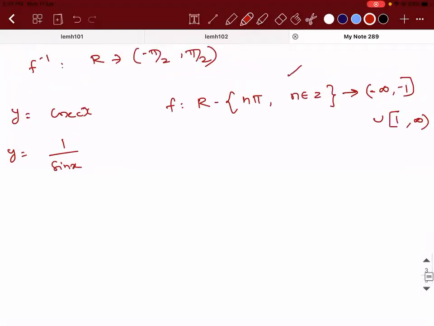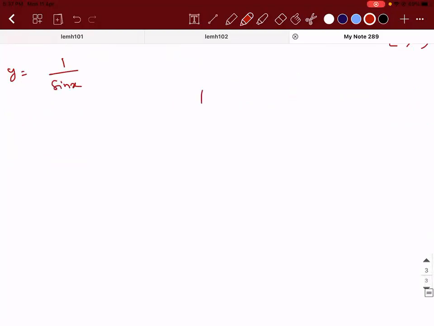So this is the restricted domain and range, correct? So how will the graph look like, guys? So x is equal to 0. What will happen? Cosecant x will generate infinity. So where will the graph start from?